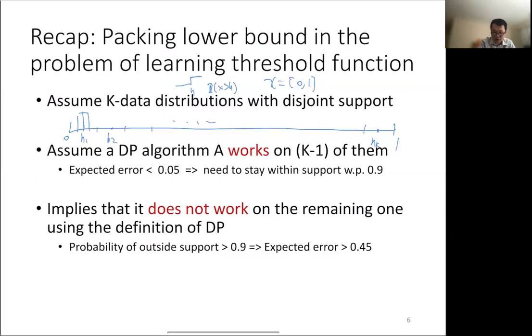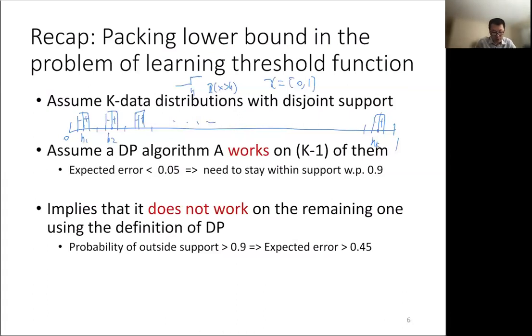On the left-hand side of hi, this uniform distribution gives label 0, or minus, and on the right-hand side of hi, each one of these distributions will give label positive, right? So this defines a family of k distributions.